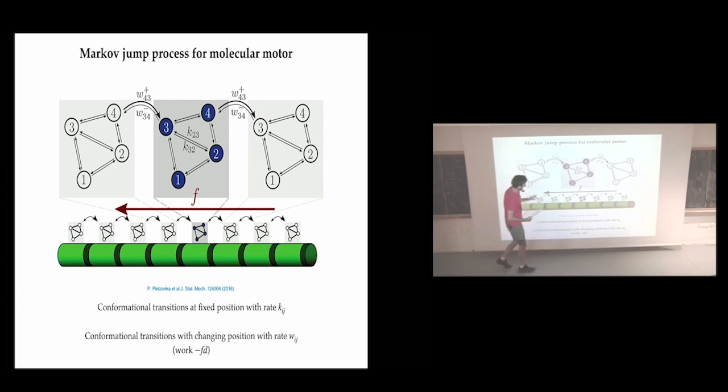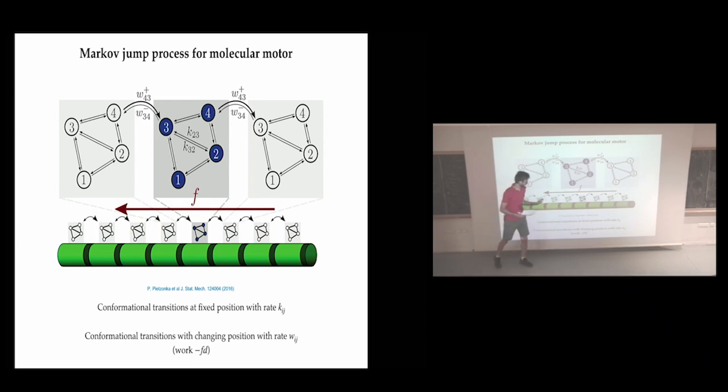You also imagine now that when you move in space, this motor is, of course, carrying a load, so it's feeling a force, and this force is the one entering the dynamics or the rates that I'm going to write down in a moment, where you move from one point to the other along the filament.